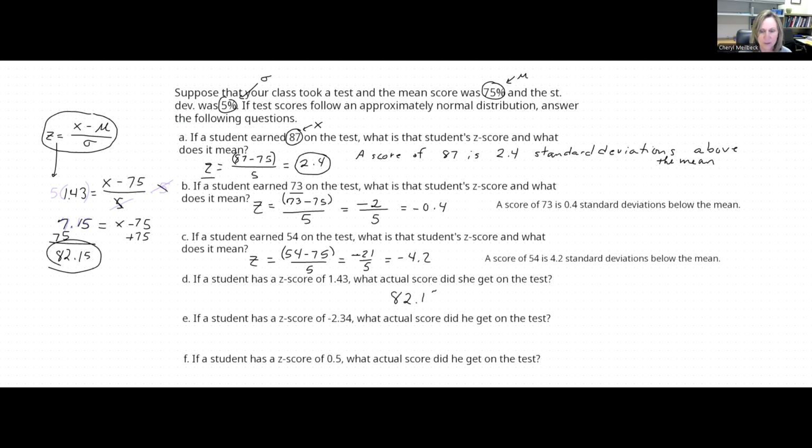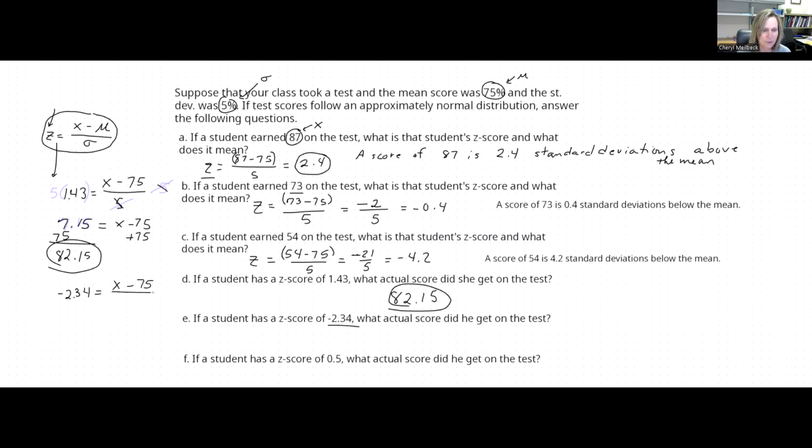So she scored 82.15 on the exam. This one says if a student has a z-score of negative 2.34, what actual score did he get? We follow the same process. So that negative 2.34 will be substituted into our equation for z, and that's going to equal x minus 75 over 5.